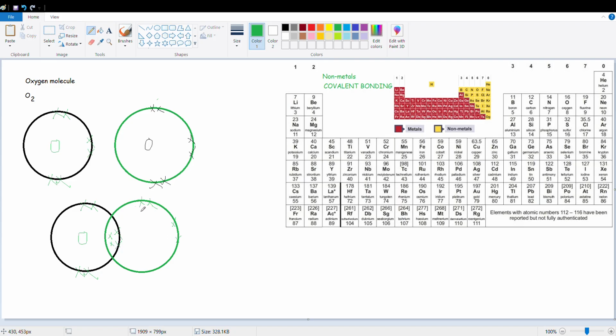Let's count: 1, 2, 3, 4, 5, 6, 7, 8, and 1, 2, 3, 4, 5, 6, 7, 8. So now both have 8 electrons in the outermost shell. The structure looks like this, and we have a double bond between the two oxygen atoms.